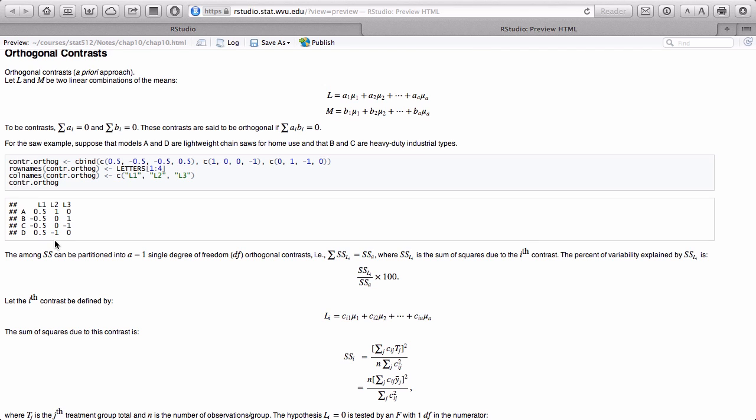So those three, L1, L2, and L3, are orthogonal contrasts. Okay, fine. So how do we fit? We've defined an R variable called contrast.orthog. So how do we actually partition the sum of squares into 1 degree of freedom contrasts, and how do we test whether those contrasts are significant or not?